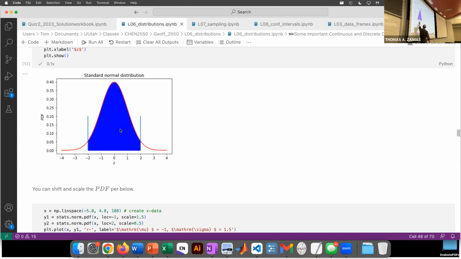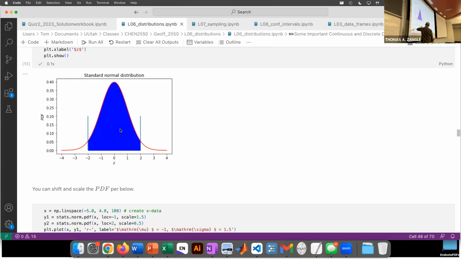So for example, here we're showing this PDF shaded in blue between plus or minus 2 standard deviations, or z-scores from -2 to +2. The area of that shaded region tells us the probability of getting an event between -2 and +2 standard deviations. In this case, 95%, roughly.